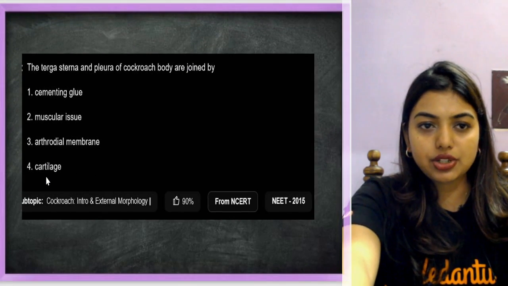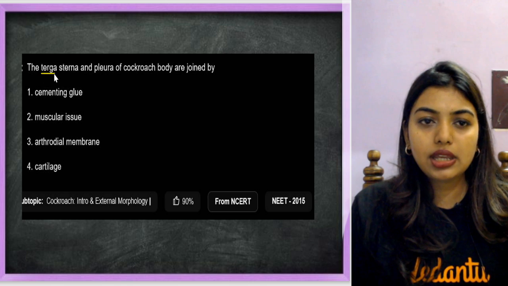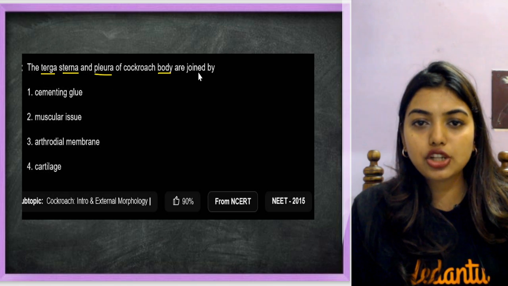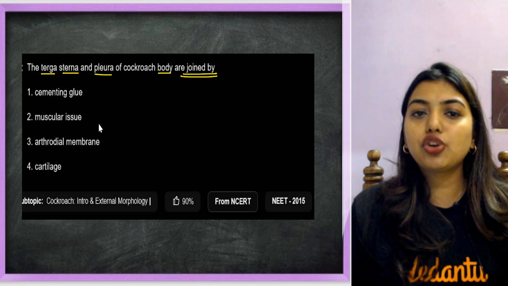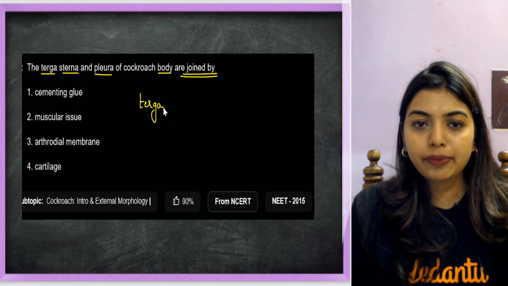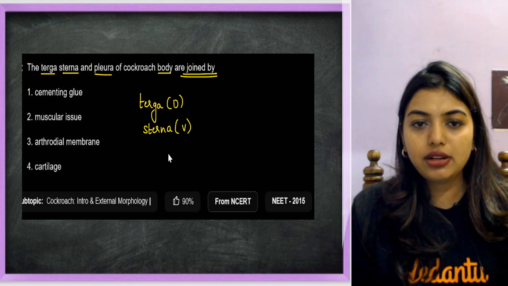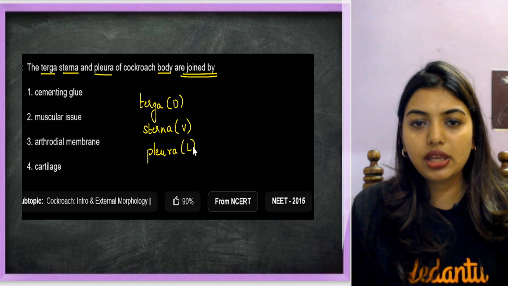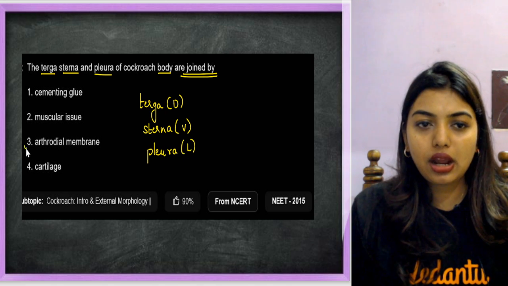Okay, next question: the terga, sterna and pleura of the cockroach body are joined by what? I told you, terga is dorsal, sterna ventral, pleura lateral. These three are joined by arthrodial membrane.